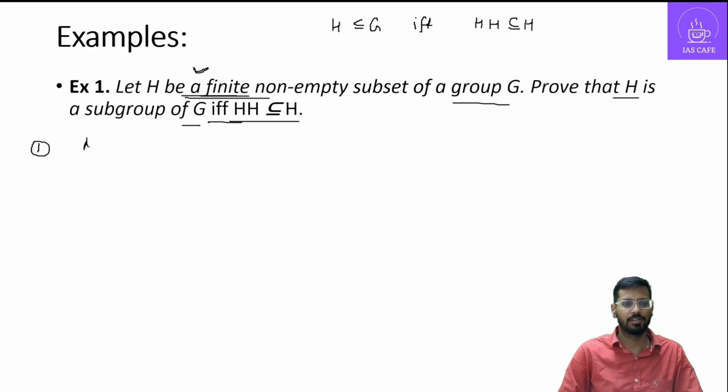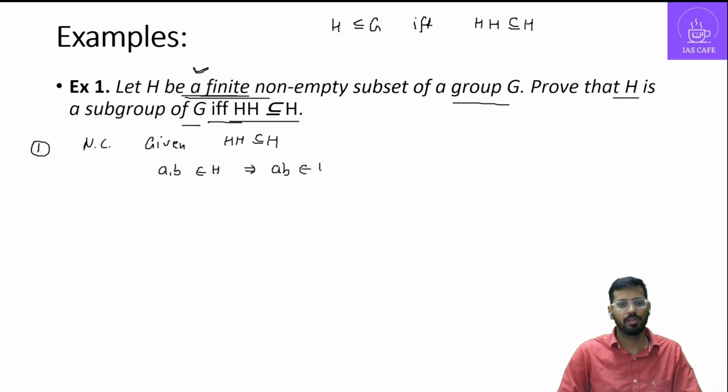So first is the necessary condition. Given that HH is a subset of H, that means if we take A and B belong to H, that implies this element AB belongs to H and this AB belongs to HH also. Okay, that is given. So we have to prove that H is a subgroup.